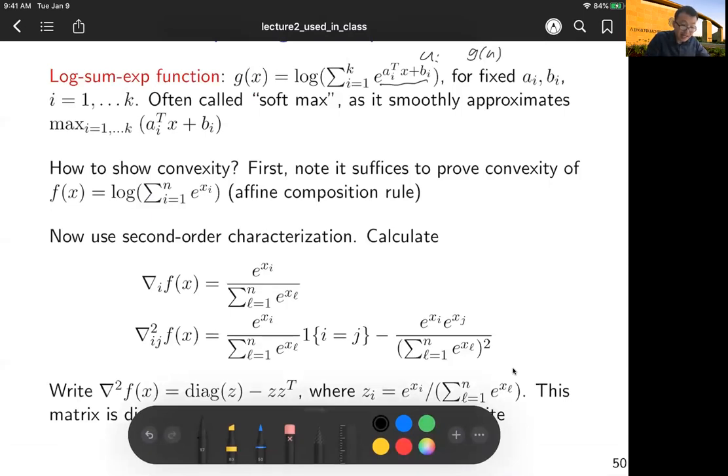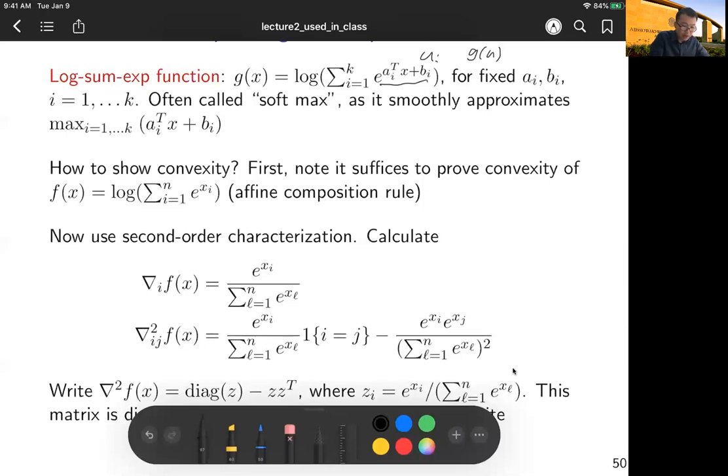Why is that? We're basically applying the previous condition: if this function g is a convex function, then substituting u with any affine transformation, it remains convex.